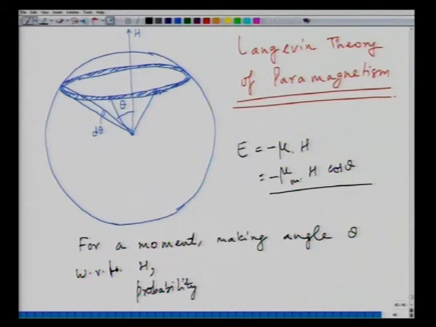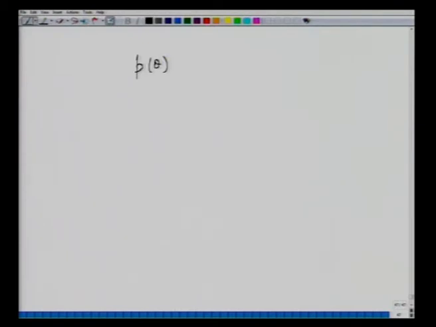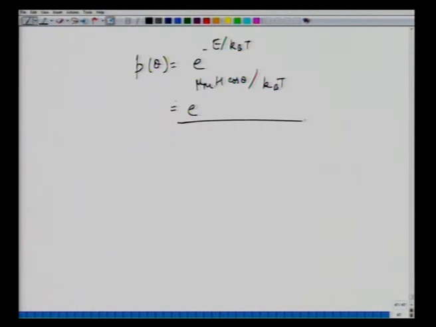So this probability P of theta is e to the power minus E divided by k_B T, and this is equal to e to the power mu_m H cos theta divided by k_B T. So this is the probability with which this will align in the direction of field H. Naturally, as theta is equal to 0, this probability will maximize.